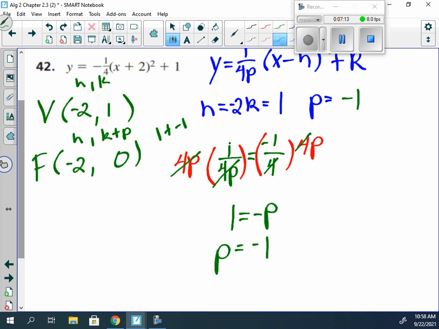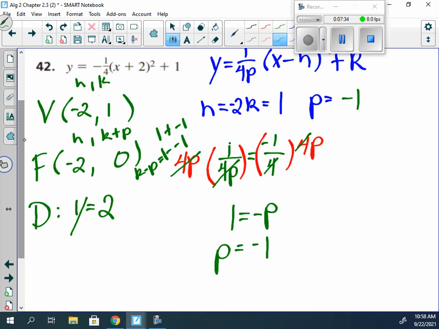So the focus is -2, 0. The directrix is going to be our y is equal to k minus p, which would be 1 minus -1. 2, because the negative and negative make a positive.